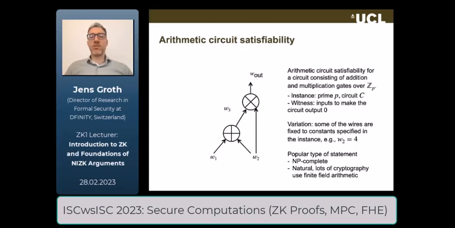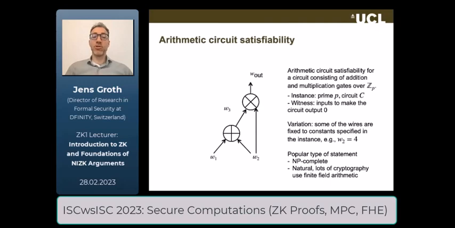Here's a circuit. It has some addition gates and some multiplication gates, all of them over integers modulo p. And the claim is that there exist some inputs such that it would output 0, for instance. It's a very popular type of statement.